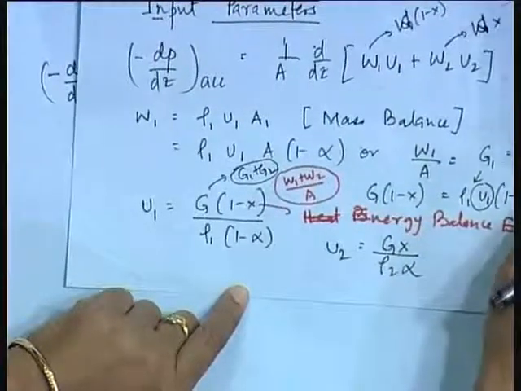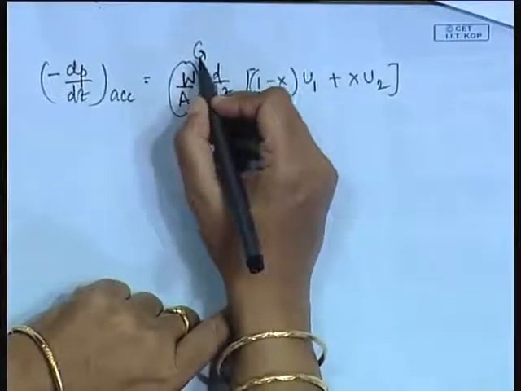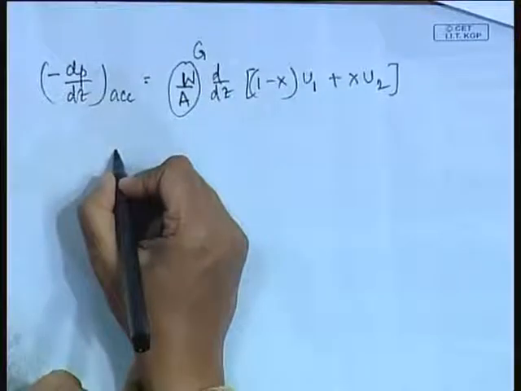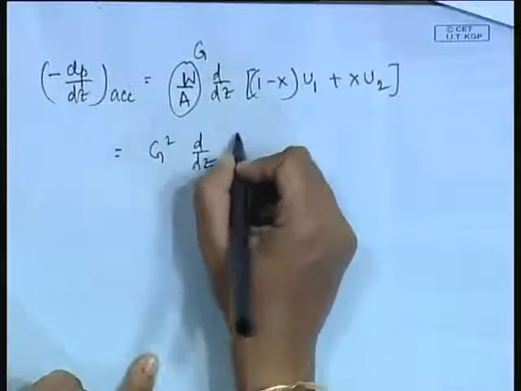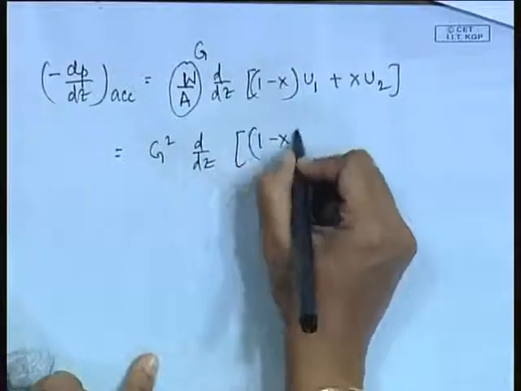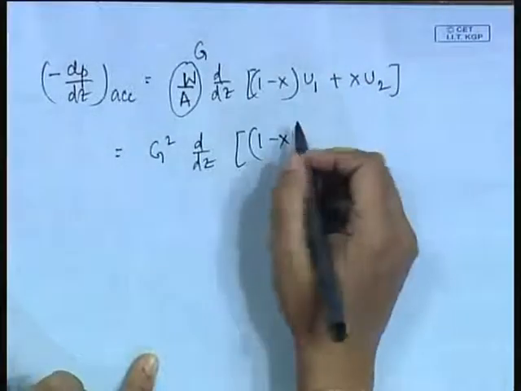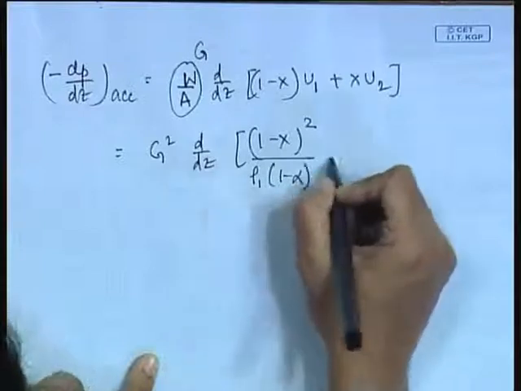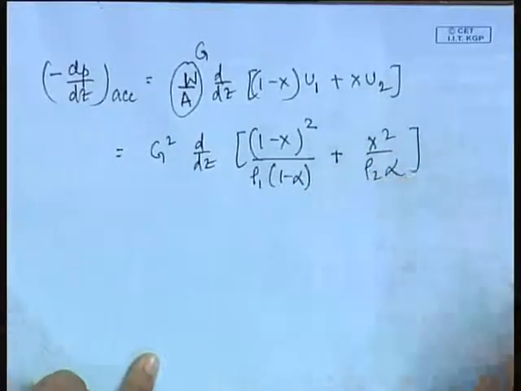If these are substituted, then what do we get? Another G comes out from here and it makes a G square outside. Okay. So, therefore, from here we get G square d dz of, into the 1 minus x here, so it becomes 1 minus x whole square by rho 1 into 1 minus alpha plus x square by rho 2 alpha, isn't it?